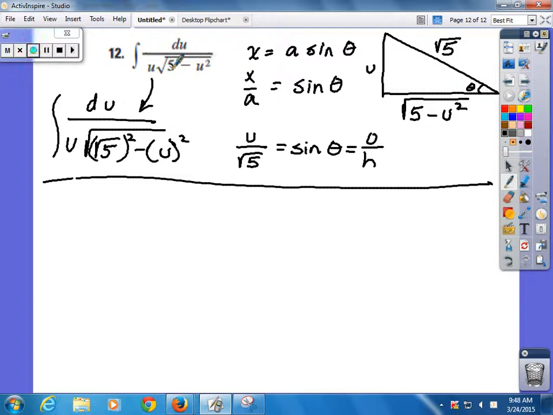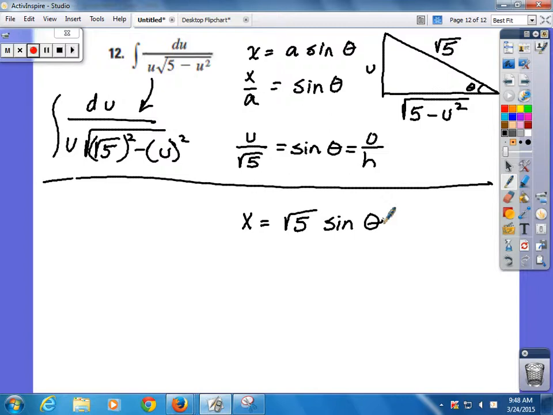Now, if we know that the sine is equal to x over a, then we need to solve this for x. So x is equal to a, which is what? Square root of 5? So that's the square root of 5 sine of theta.